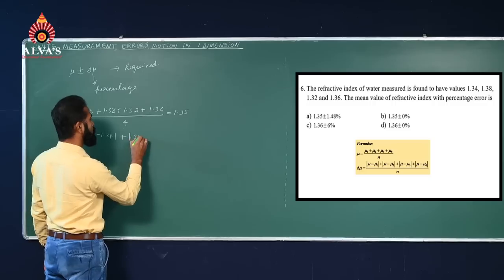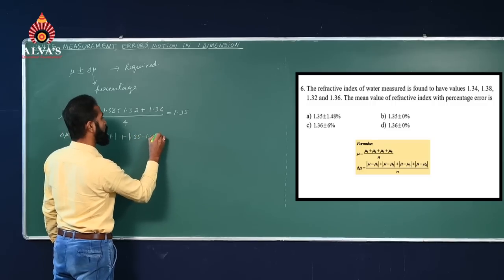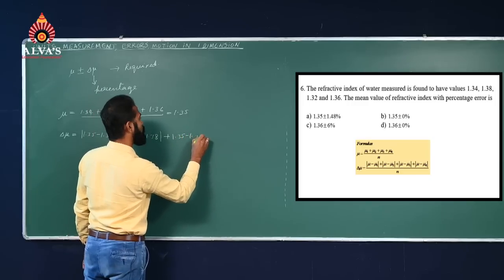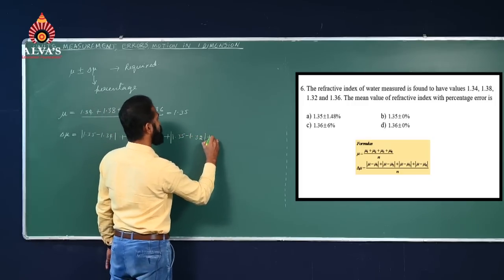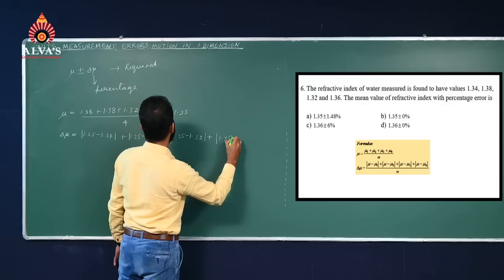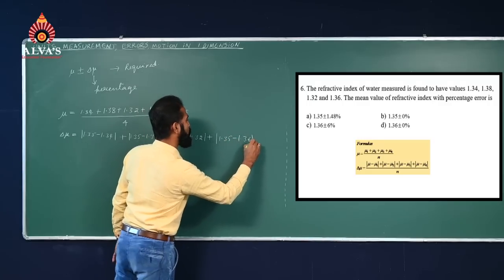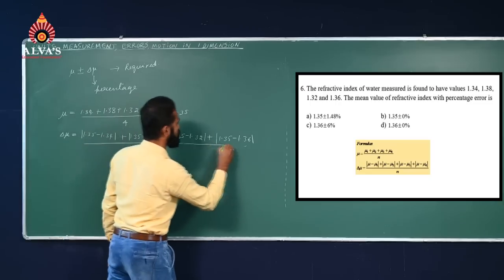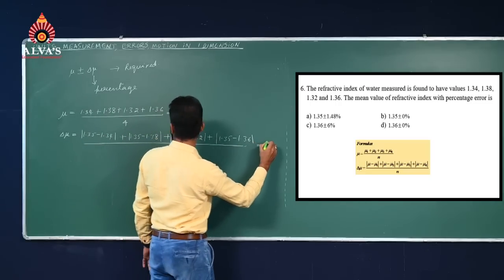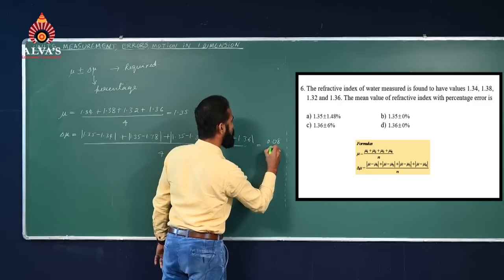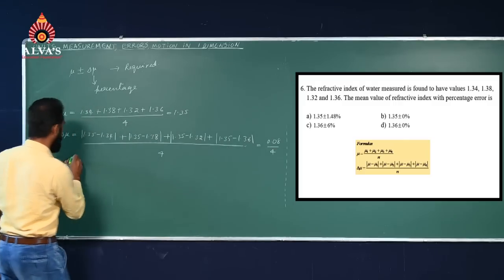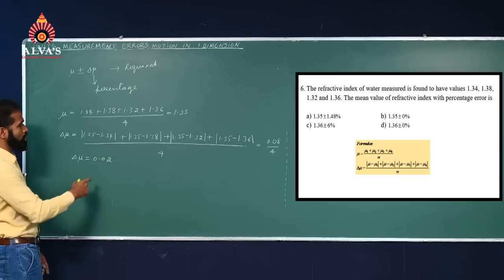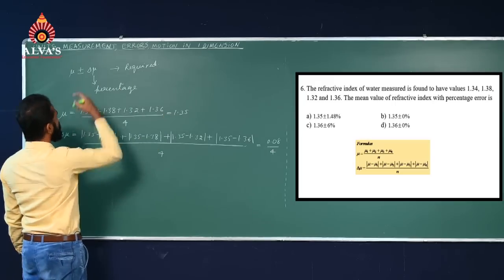So 1.35 minus 1.38 plus 1.35 minus 1.32 plus 1.35 minus 1.36, entire thing divided by the total number of trials, that is 4. So we end up with 0.08 divided by 4, so delta mu is totally 0.02.